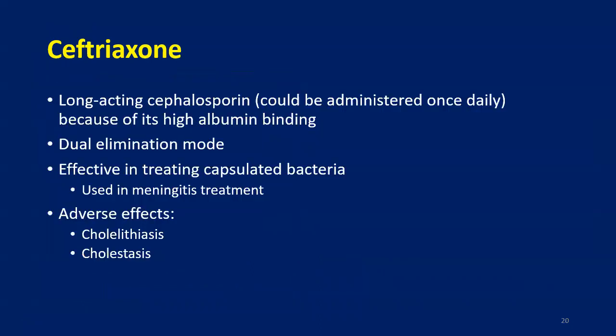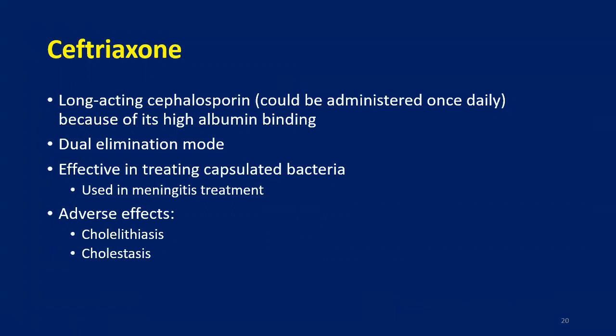Now, ceftriaxone is a long-acting cephalosporin. It can be administered once daily, and shares that good advantage of dual elimination mode, and is effective in treating capsulated bacteria. The capsulated bacteria are pneumococci, Haemophilus influenzae, and Neisseria meningitidis.